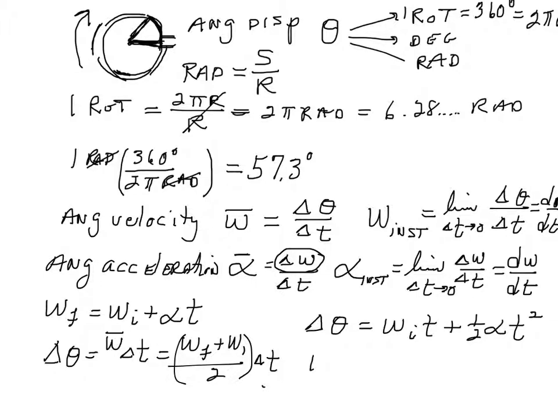And the final equation is that the final angular velocity squared equals the initial angular velocity squared plus 2 times the angular acceleration times the angular displacement. If you go back and look at your 4 kinematics equations from our previous study of kinematics, you'll see they parallel these exactly.